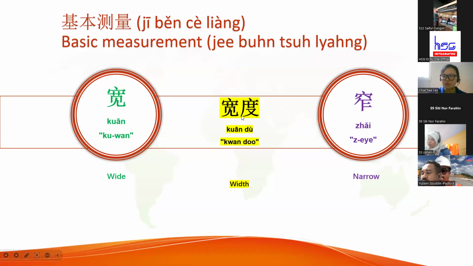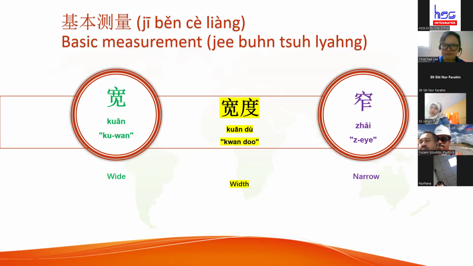So these are basically the 4 pairs of measurement. We have 宽度, 尺寸, 高度, and 长度. So just get familiar with the basic measurement.